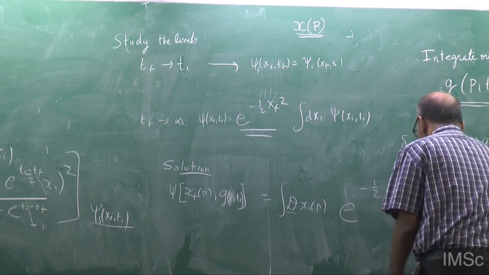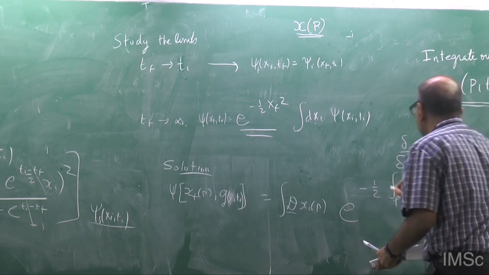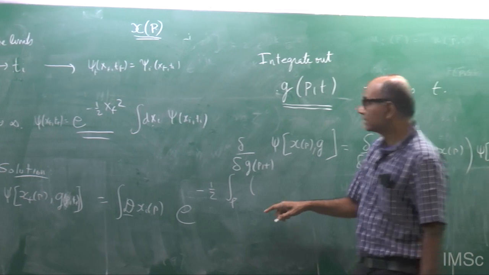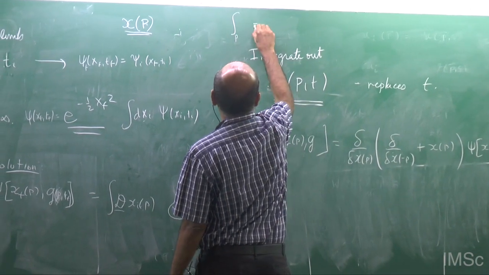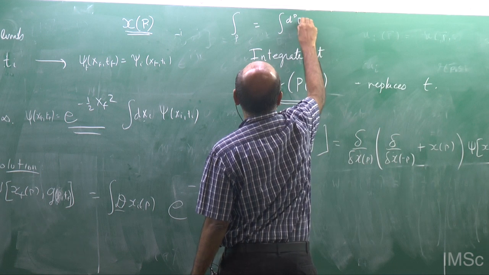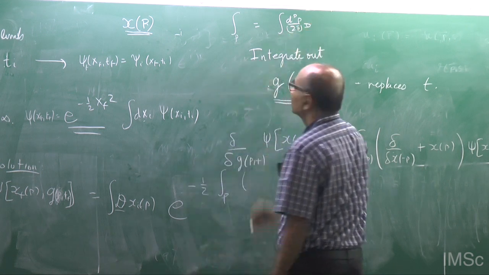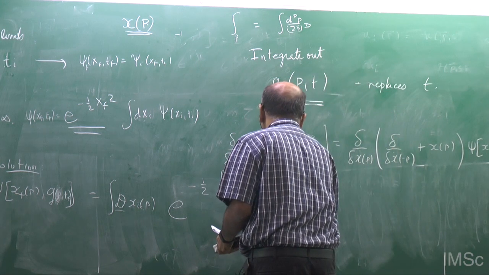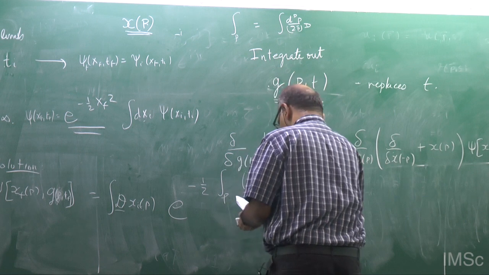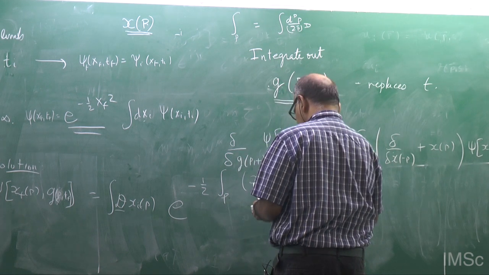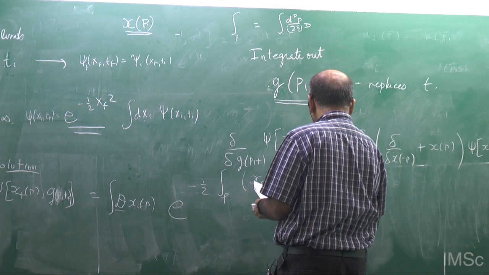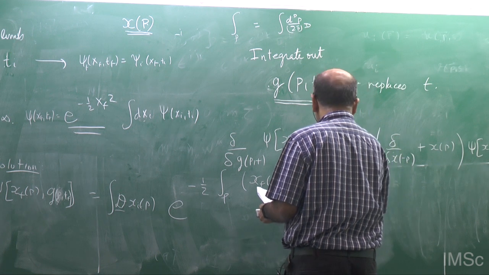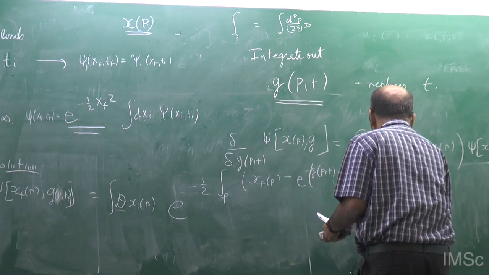What goes here is an integral over p, d to the power d p by 2 pi to the power d, etc. G of p and t minus g of p and 0 times xi of p.